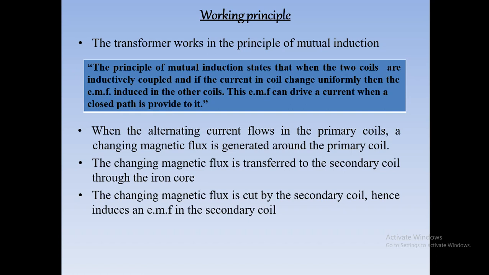As we know, every current carrying conductor has its own flux. That flux is going to link with the secondary winding. Hence, we call them the primary winding and secondary winding. Both are neighboring, kept near each other. Thereby, there is an induction of EMF in the secondary winding based on the principle of mutual induction.